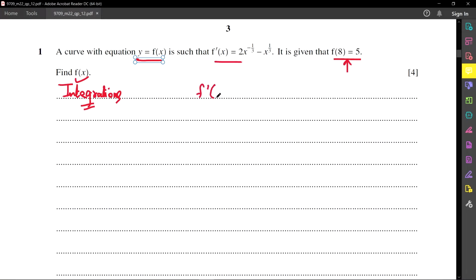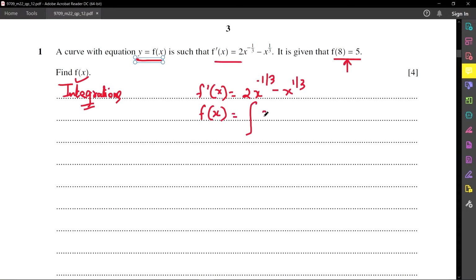So we are given f dash of x equal to 2x power minus 1 by 3 minus x power 1 by 3. Integrating, we get f of x. The integral of f prime of x is f of x.